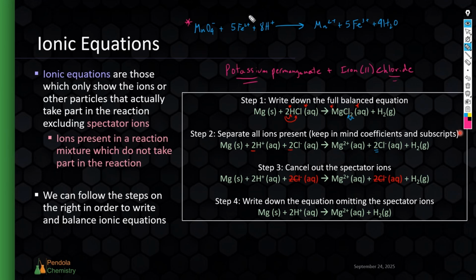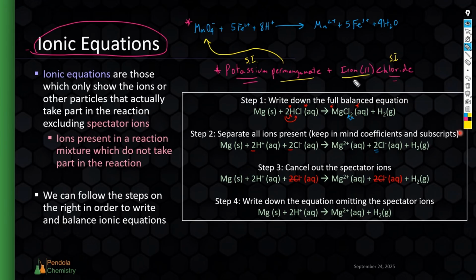You have to realize that this is the ionic equation for this reaction. The potassium is not there because the potassium is a spectator ion. The chloride is not there because the chloride is a spectator ion. The permanganate from the potassium permanganate is what's reacting, not the potassium. The iron 2 from the iron 2 chloride is what's reacting, not the chloride.